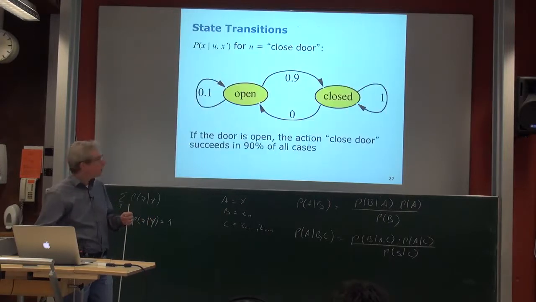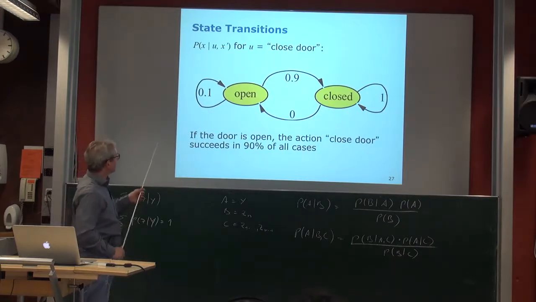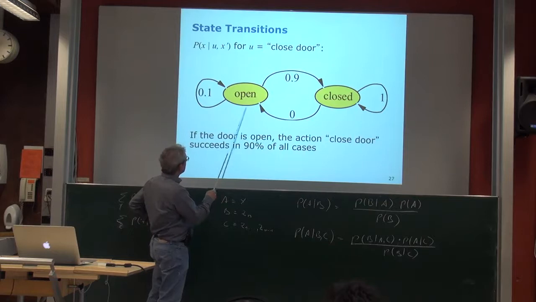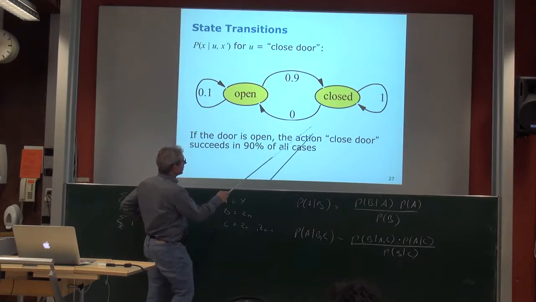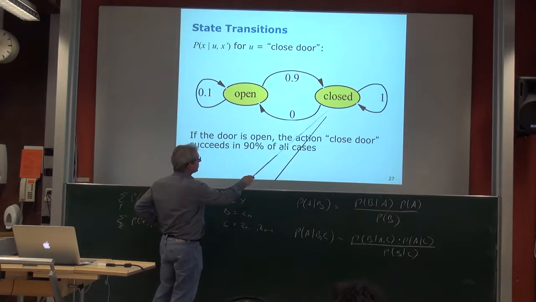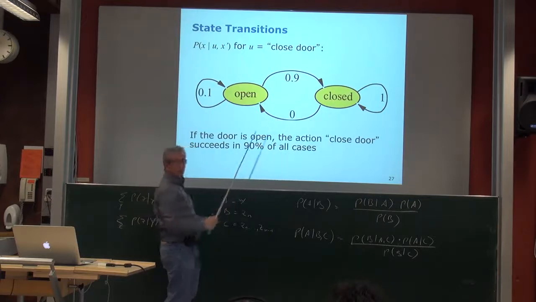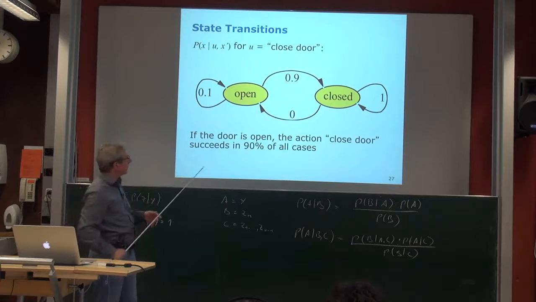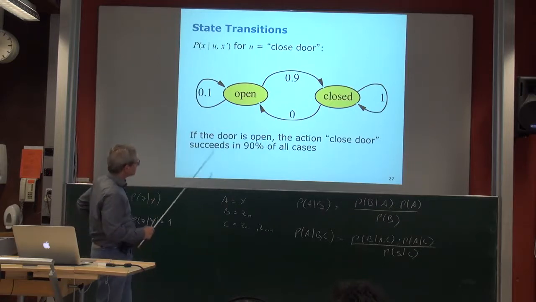Right? And you can, for example, specify this entirely by a graph like this. So if you think about the probability that the door is closed given it executed a close door action, it's always one, it never changes. Right? So you're lucky, it doesn't introduce noise.